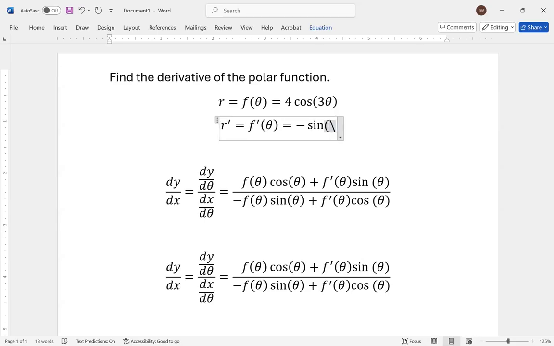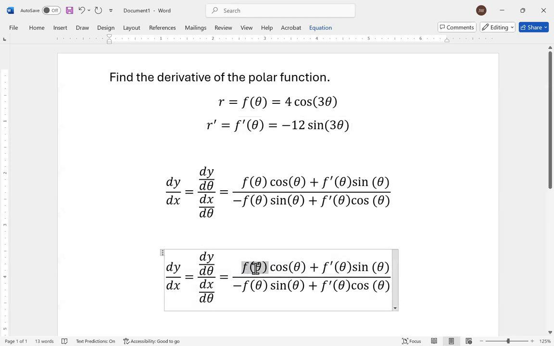Our argument is 3 theta. And then I have to multiply times the derivative of the inside function, which is 3. When I take 4 times 3, I would get negative 12 times sine of 3 theta. So that's my r and my r prime.